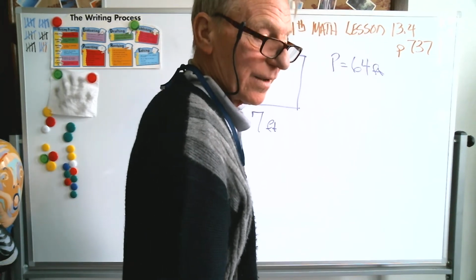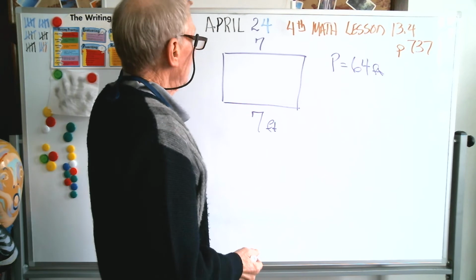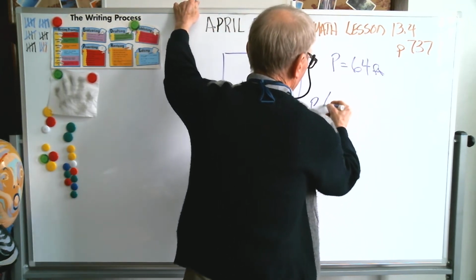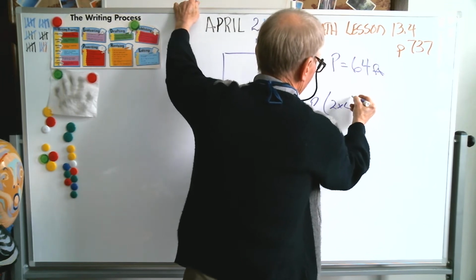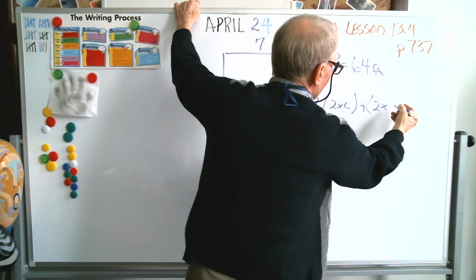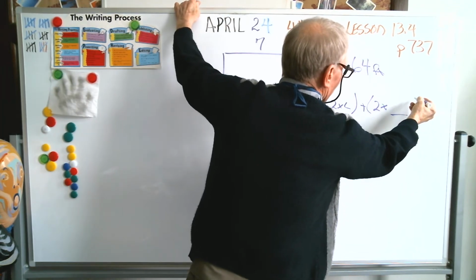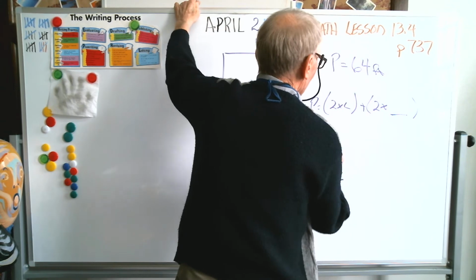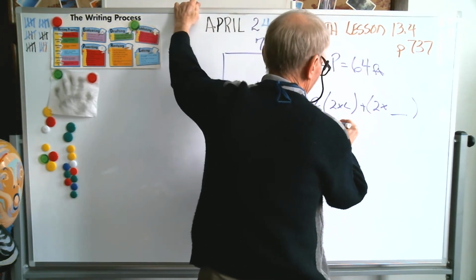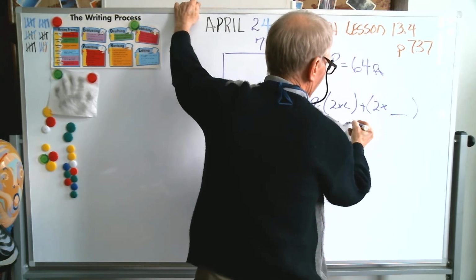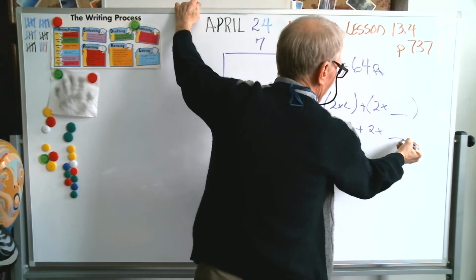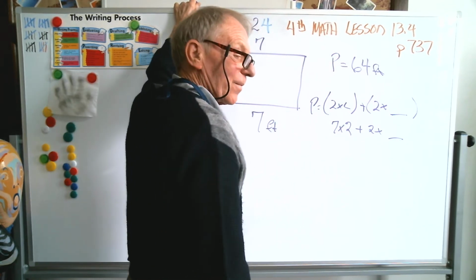What do you think that's going to be? Well, the 2 times the length, 2 times the length plus 2 times mystery number. So the 2 times the length is 7 times 2 plus 2 times the mystery number.